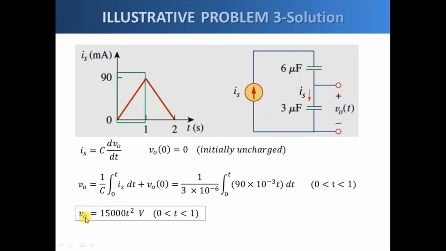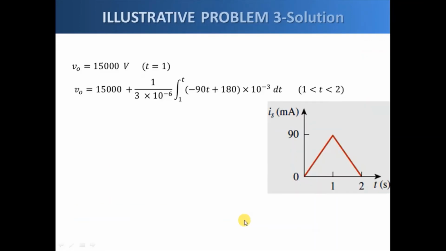Now we can also use this equation to get v sub o at exactly t equals 1. We simply substitute t equals 1 second, and then we notice that the voltage at exactly t equals 1 second is 15,000 volts.